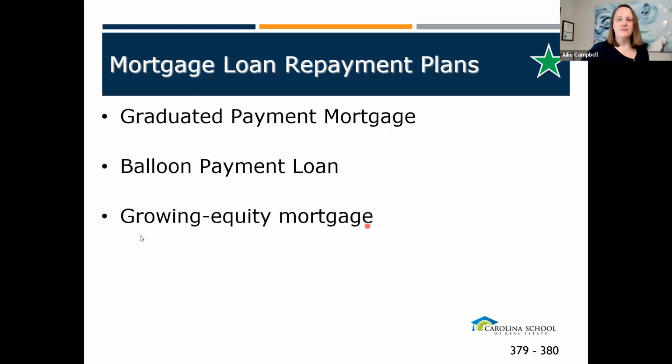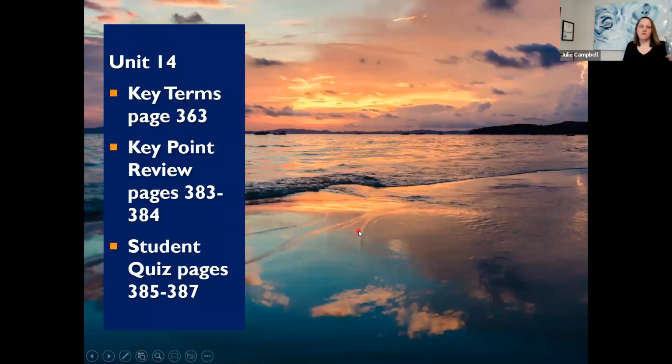Okay. That gets us through Unit 14. Those key terms on 363. Again, you guys, 14 and 15 are our lender units. It's like a whole new language in here, whole new vocabulary. To speak lender, know what the words mean.